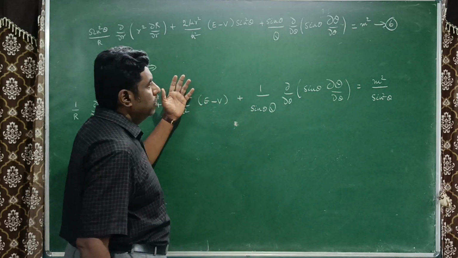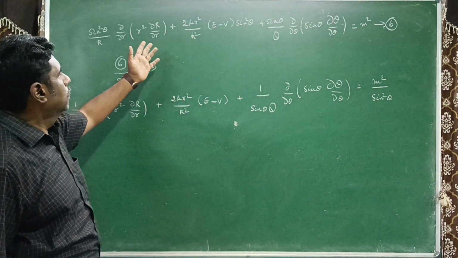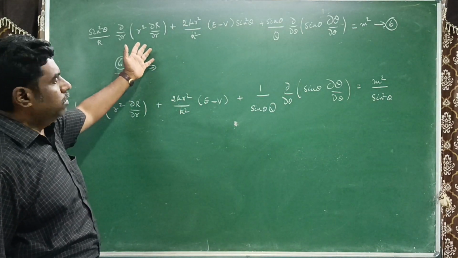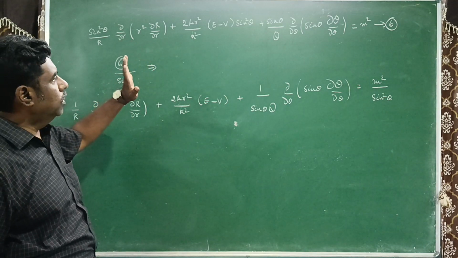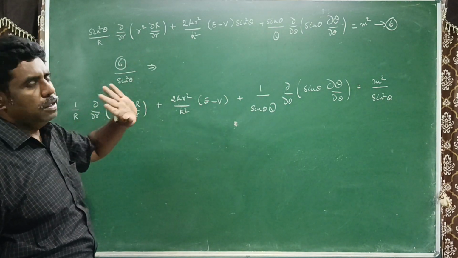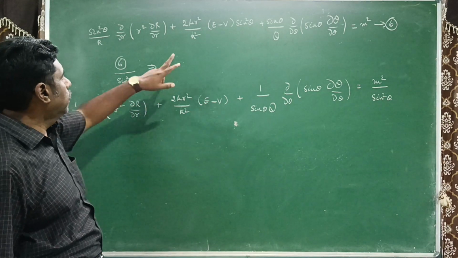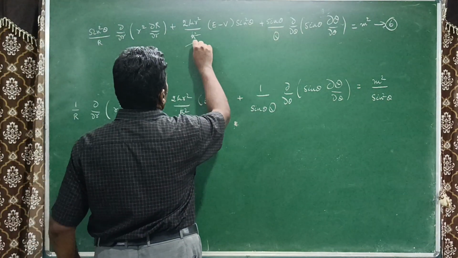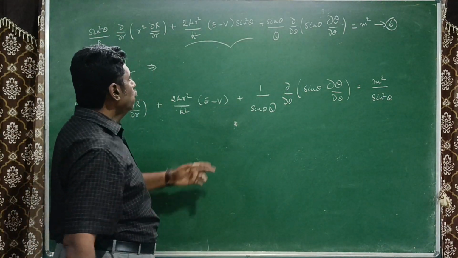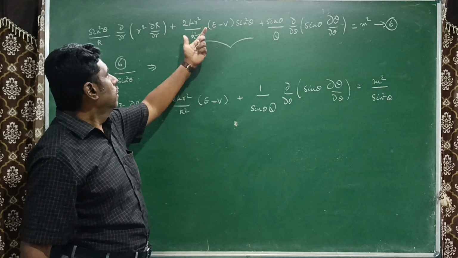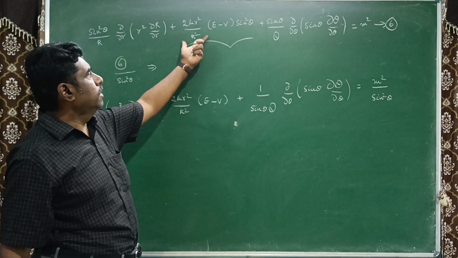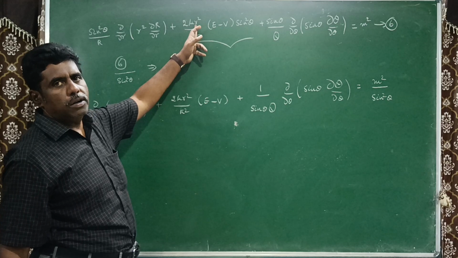We have to express equation 6 in terms of theta and r. For that, see this term. If you remove sin square theta, we can get the other terms only in terms of r.